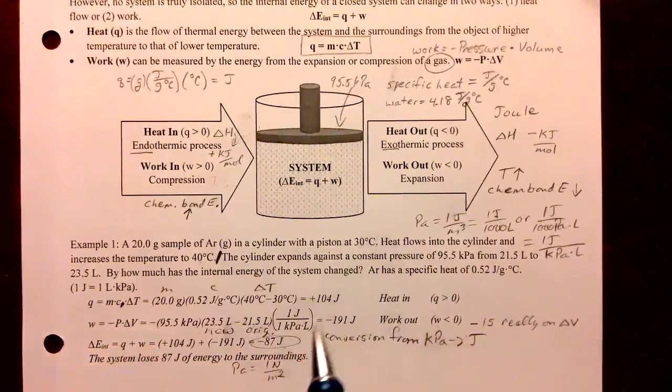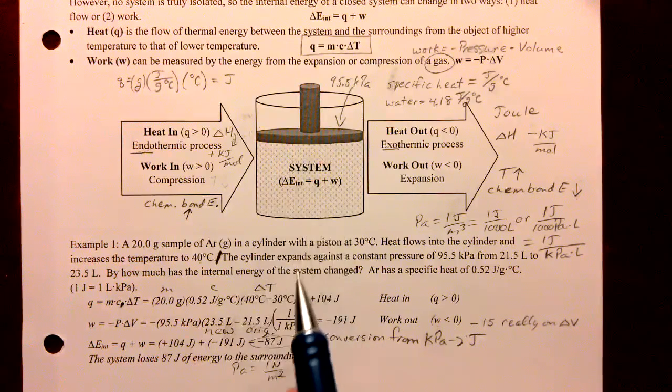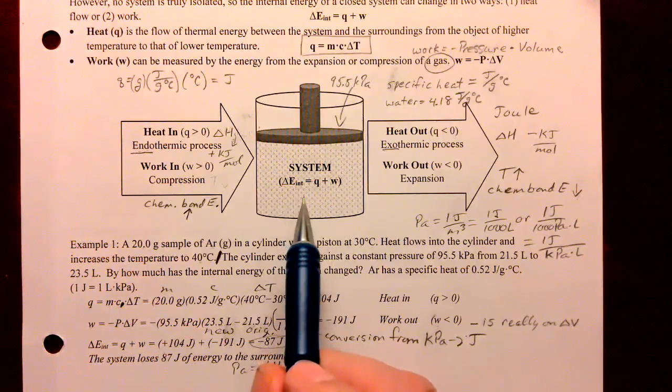So it says it was heated, and it went from 30 degrees to 40 degrees Celsius. Now, the question comes up, which way do we subtract it? Well, if it's got heat increasing, then the energy went into the system. If we're heating the gas, then heat went into it, and the change needs to be a positive value because the heat has increased in the system.